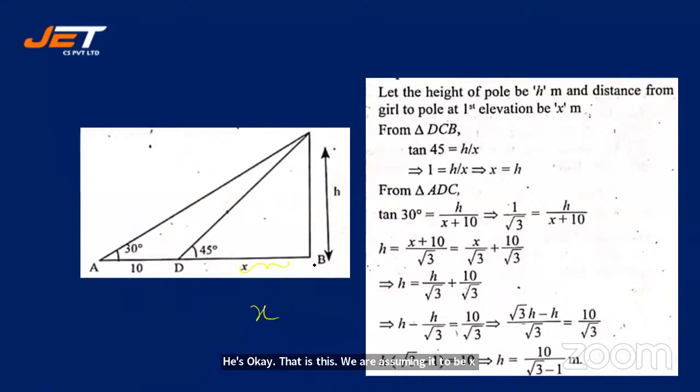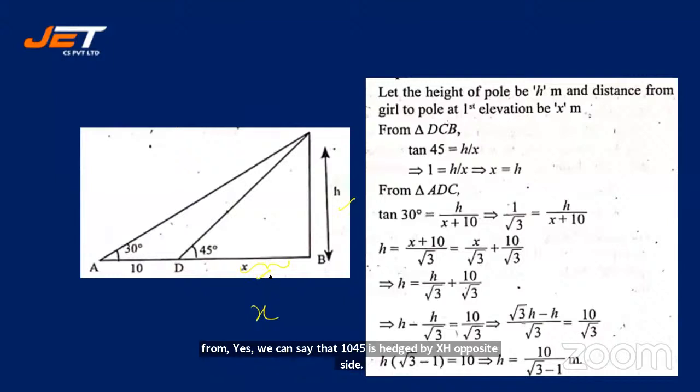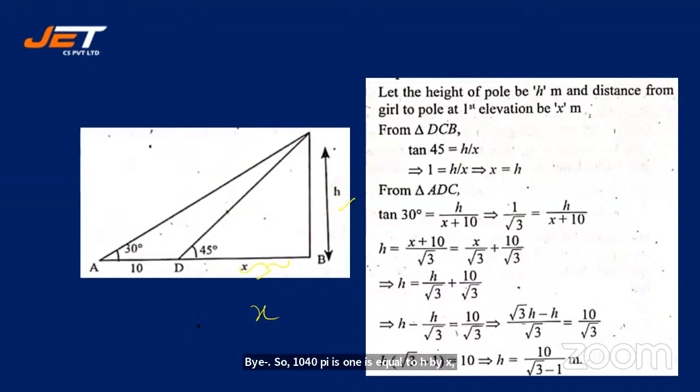So from angle DCB, we can say that tan 45 is h by x, opposite side by base. So tan 45 is 1, equal to h by x, which means that h is equal to x.